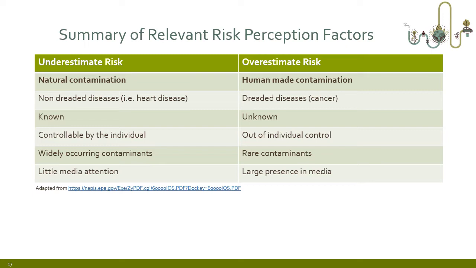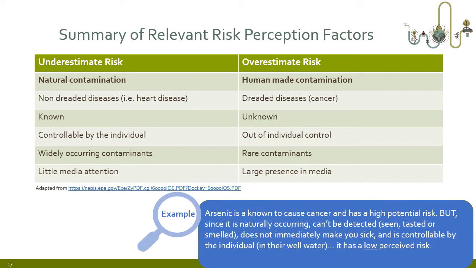So to highlight all of these factors, we can consider the example of arsenic. Even though arsenic is known to cause cancer, perceived risk of arsenic exposure is often underestimated for several reasons. First, because it is naturally occurring and can't be seen, tasted, or smelled in contaminated water, it is incorrectly considered to be harmless.